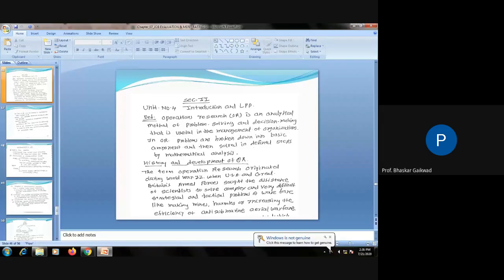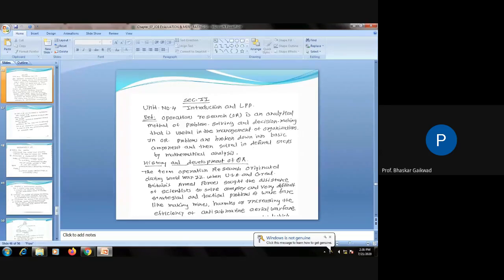In OR, problems are broken down into basic components. One problem we can split into a number of elements, for example A, B, C, D. Suppose we are manufacturing a bearing. How many elements are there?